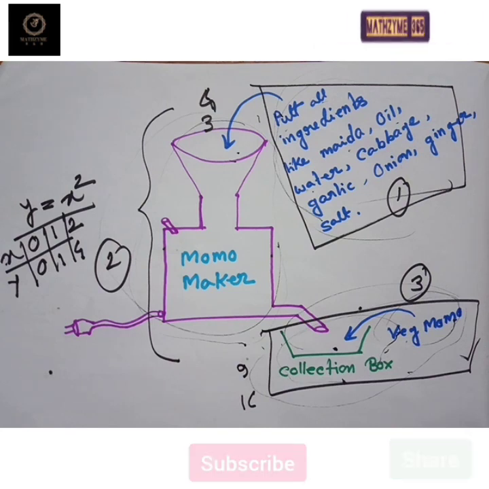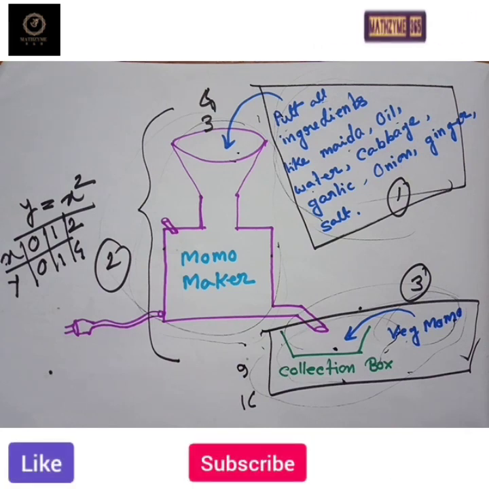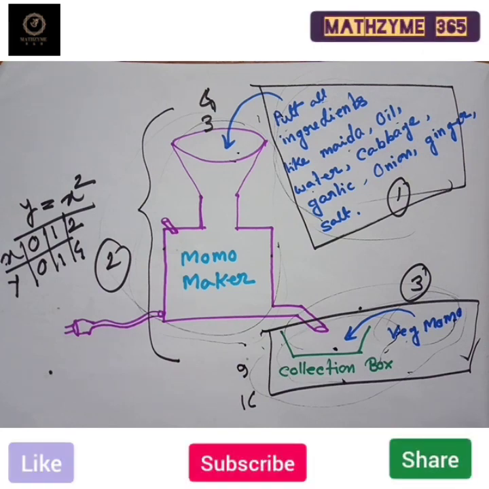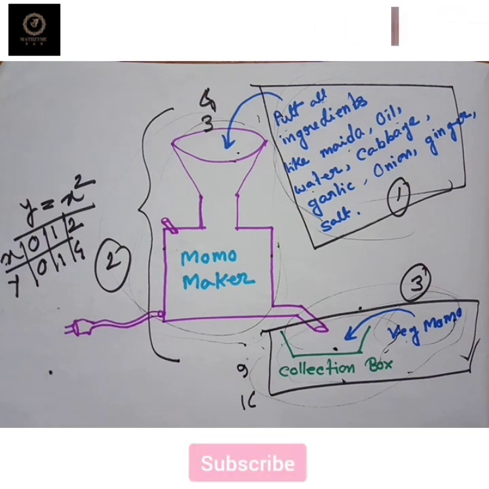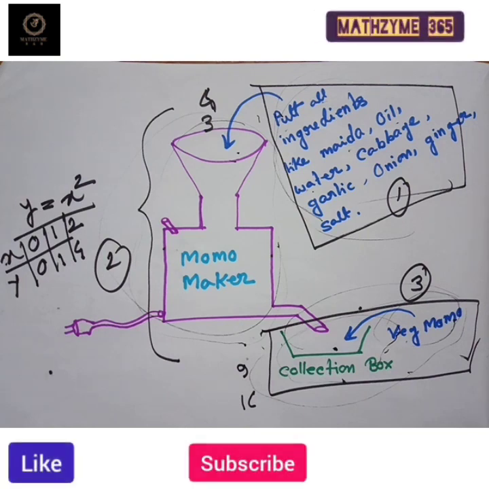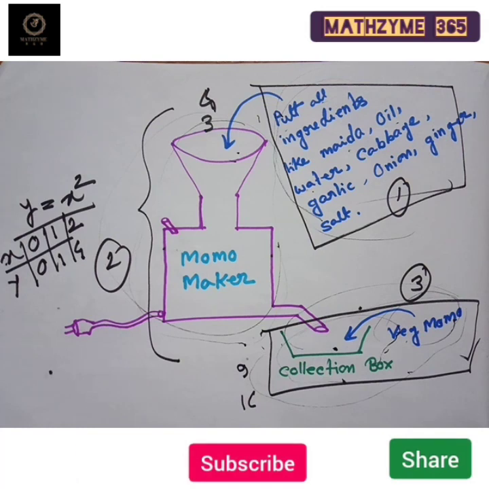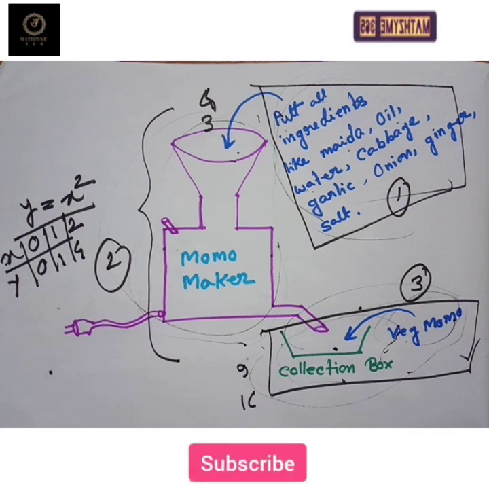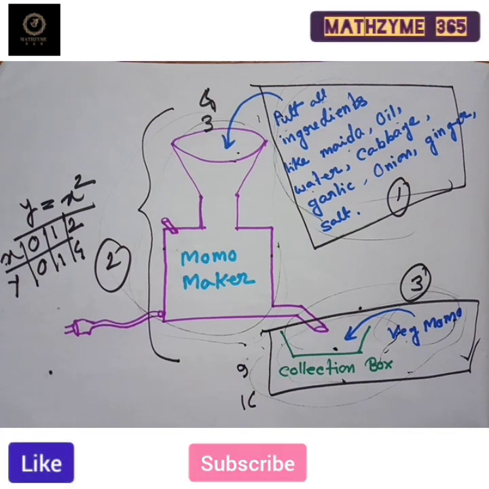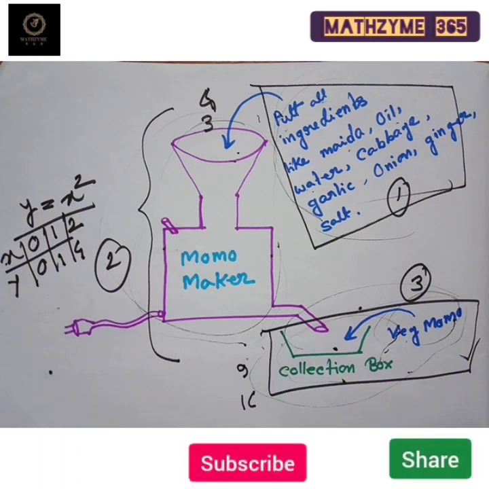So we must define the input areas. These input areas are called domain. For the momo maker machine, the input domain is such that milk and fruit should not exist in the domain, while maida, water, cabbage, onion, garlic, salt must be contained.